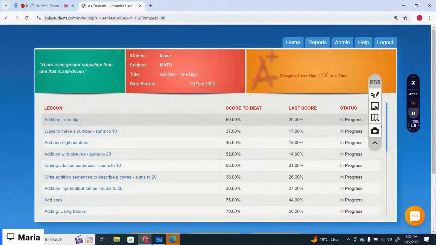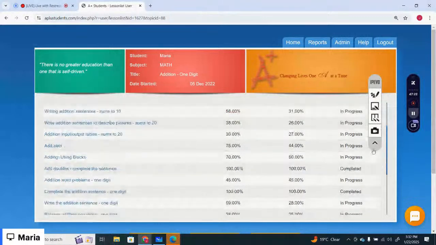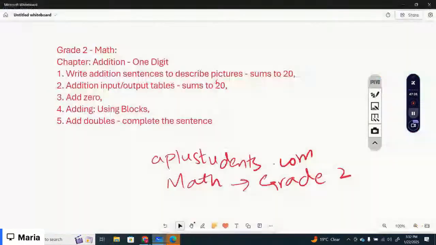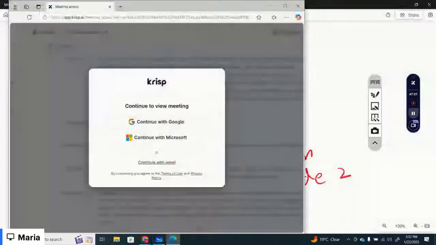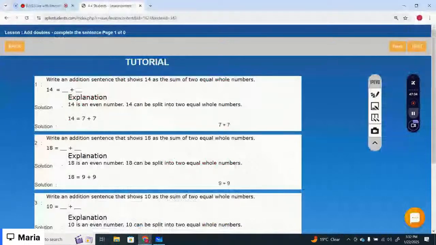The next lesson is add doubles, complete the sentence. Write 14 as the sum of two equal numbers. So you need to split the 14.